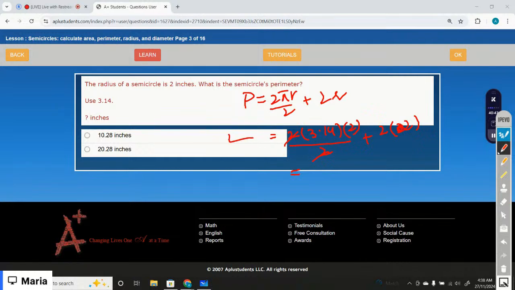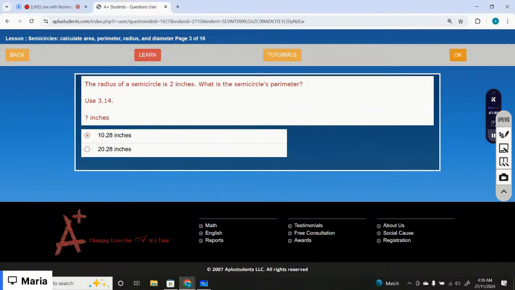That is 10.28 inches. Option number 1 is the correct option, that is 10.28.